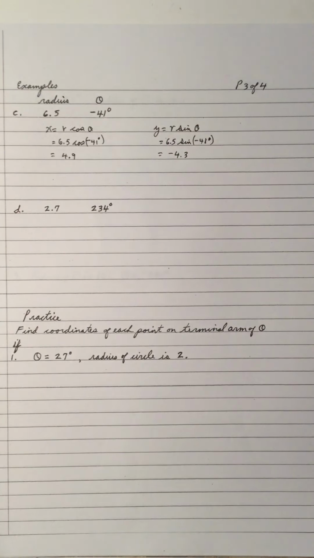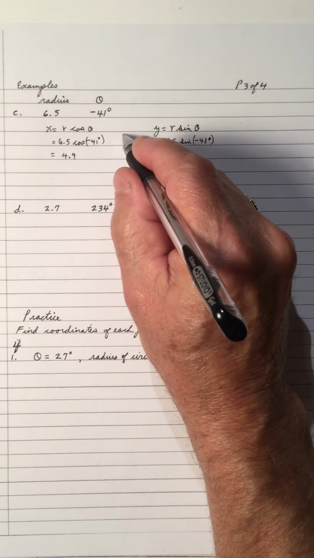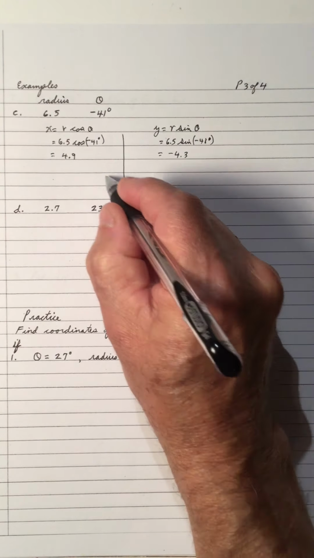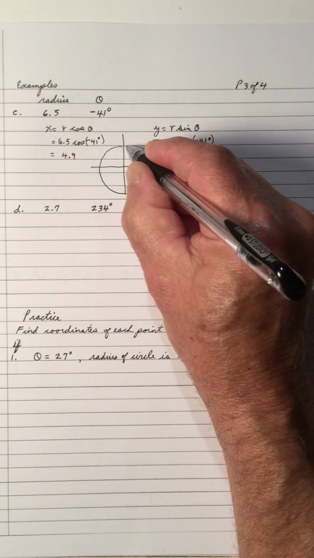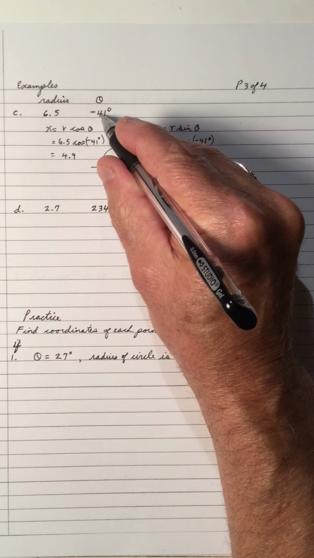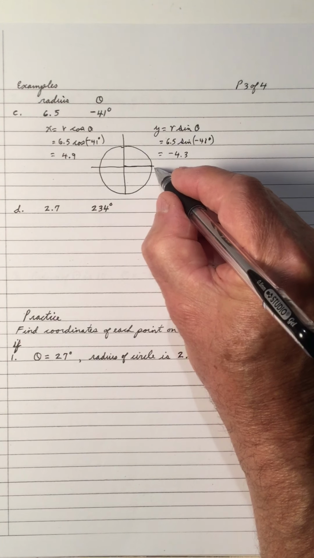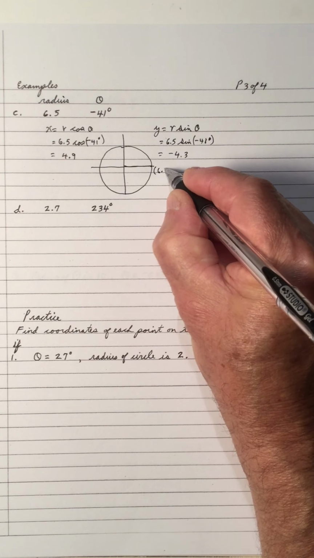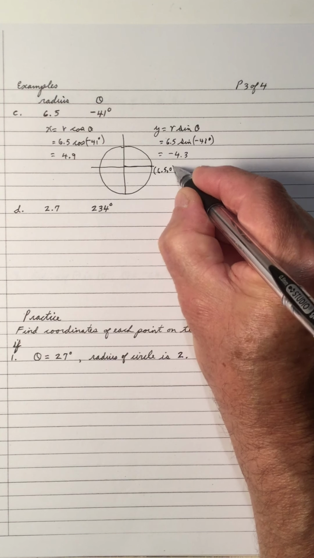And just to explain that very quickly in a diagram, we have a circle, and this is the initial arm, so we're rotating the radius of this circle, so this point right here is 6.5 comma 0.